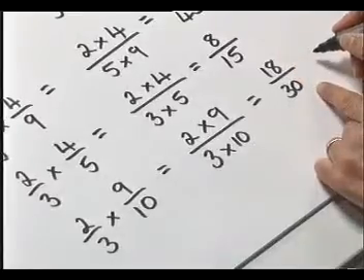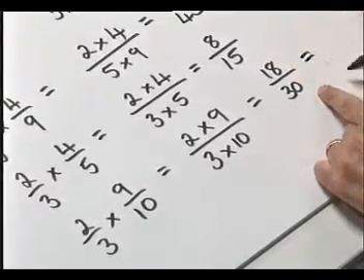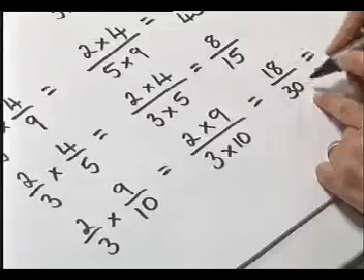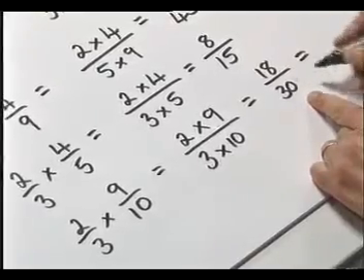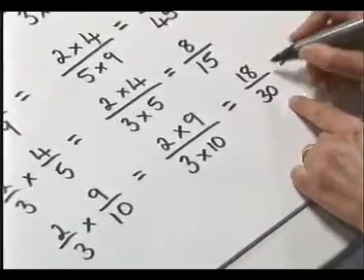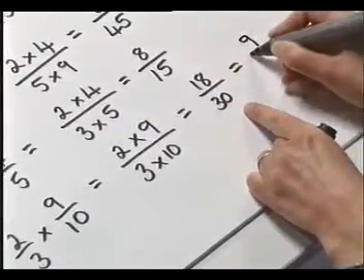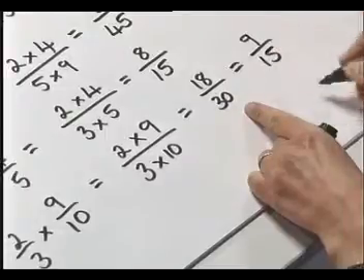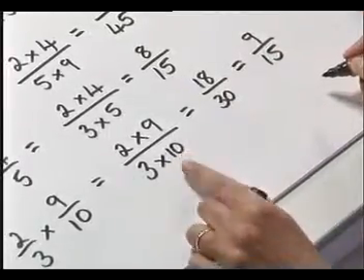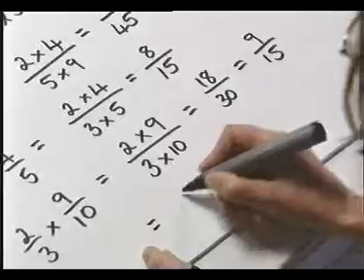Now we need to realise that this is not a fraction in its lowest form, so we would need to find the lowest form. They're both even numbers, so we can divide both numerator and denominator by 2 and get 9/15. But let's just look back at this stage.